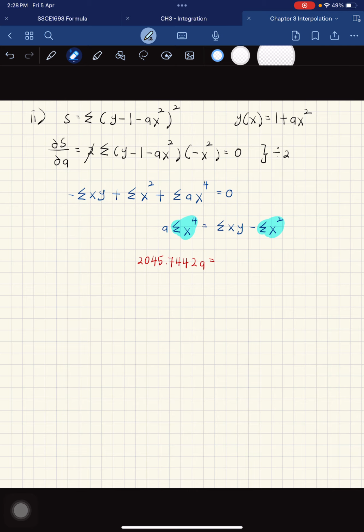Because we don't have xy squared, but we have x squared y, number 7, equal, so we have 500.9424 minus summation x squared, option summation x squared, number 2, equal, minus 92.5. And then we can find the value of a.